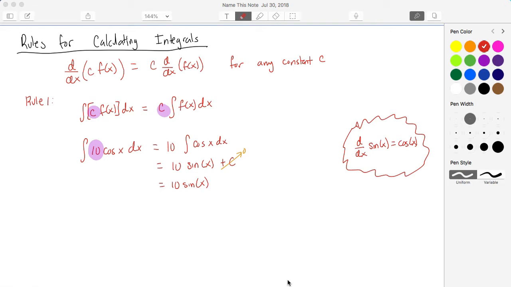Another way to think about this is you can move the constant past the integral sign without changing the value of the expression. And this is similar to when we were looking at the derivative of f of x plus g of x. We can just take the derivative of those functions separately and it will not change the value of the expression.